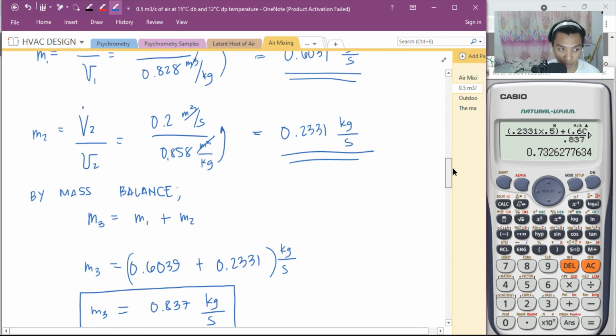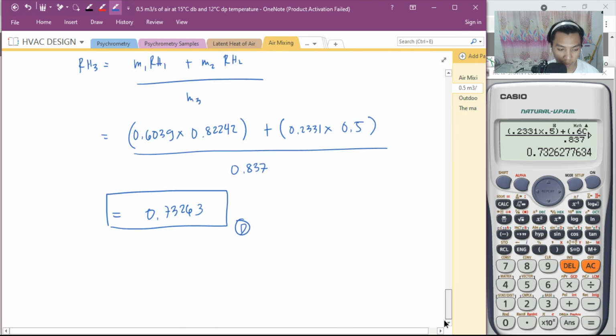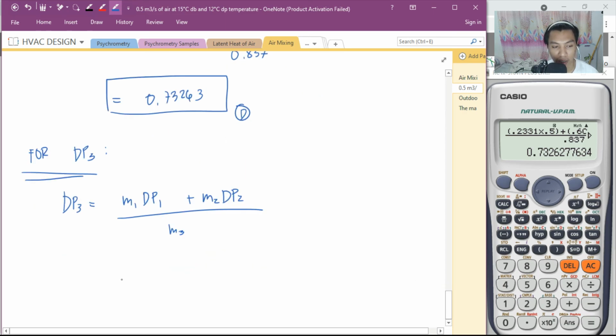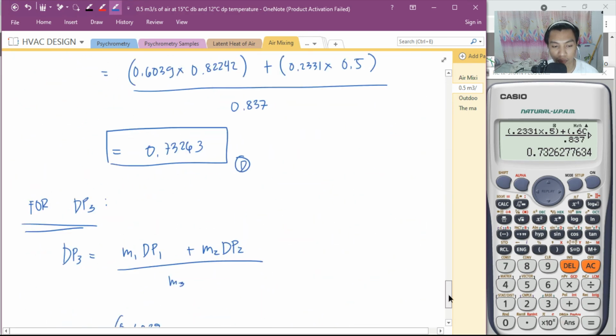How about dew point temperature? dP3 equal to M1 dP1 plus M2 dP2 over M3. Basic na yan. 0.6039. Yung dew point nung number 1, that is 12.